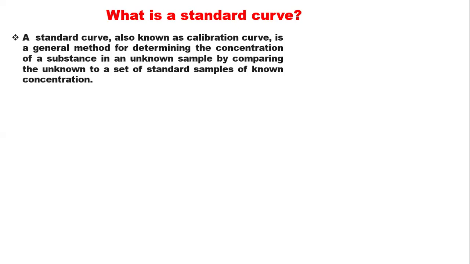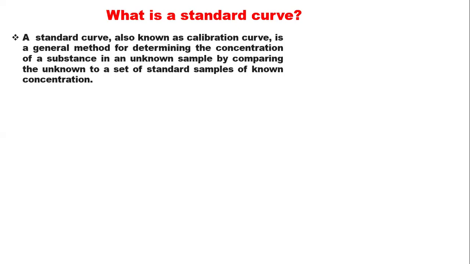This experiment is divided into 2 or 3 phases. The first phase is to carry out determination of the calibration curve, whereby you will use a standard sample to plot a graph of absorbance against concentration, that is your standard curve.